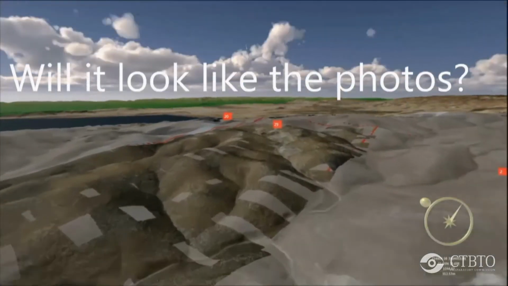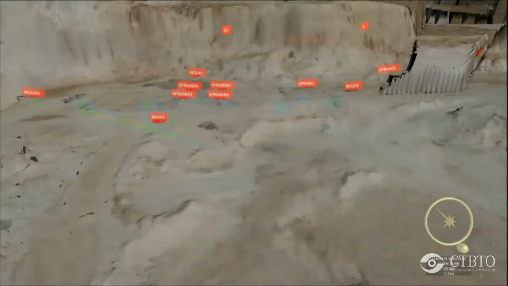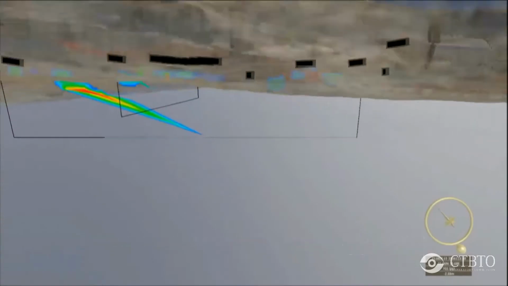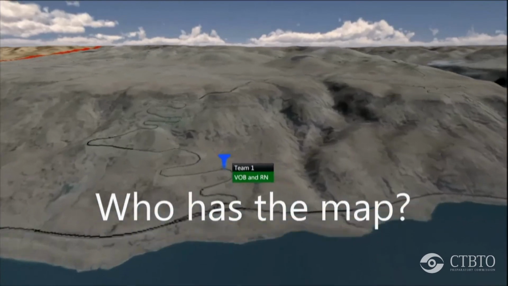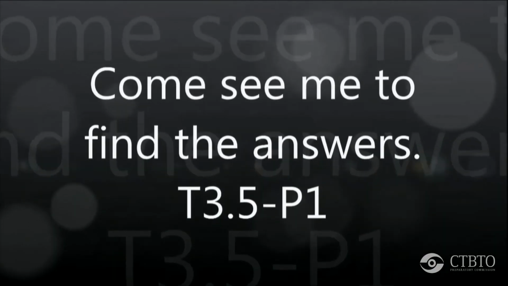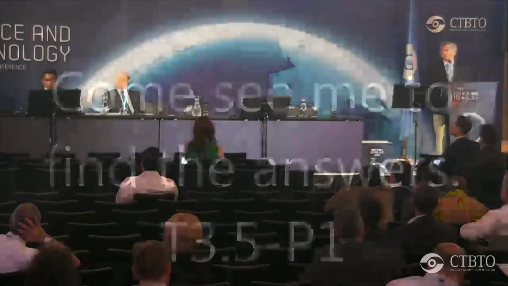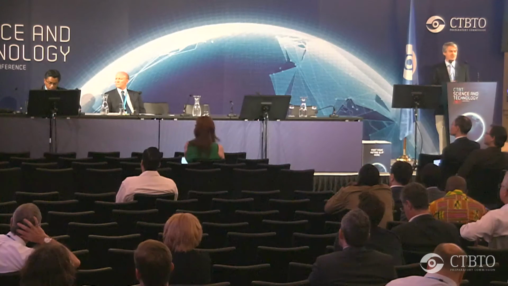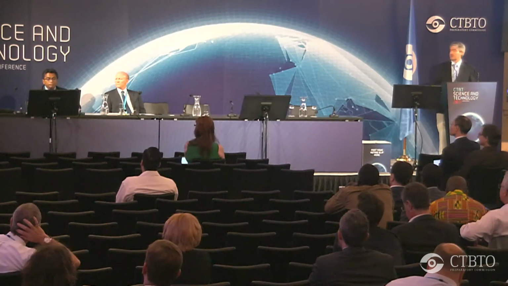Will it look like the photographs? What might we find when we get there and start doing analysis and collecting data? And, importantly, who has the map? So for answers to those questions and others, please come and see my poster. And for answers to even more questions along a similar vein, please come and see my talk here tomorrow morning. Thank you.